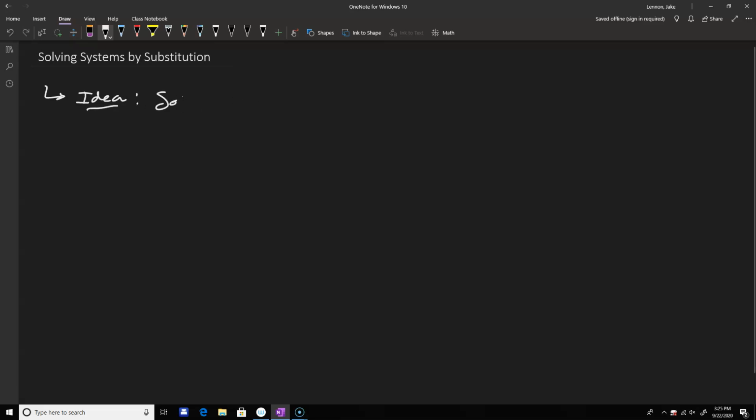So the idea here is we want to solve explicitly for a variable, either x or y, in one of the two equations.